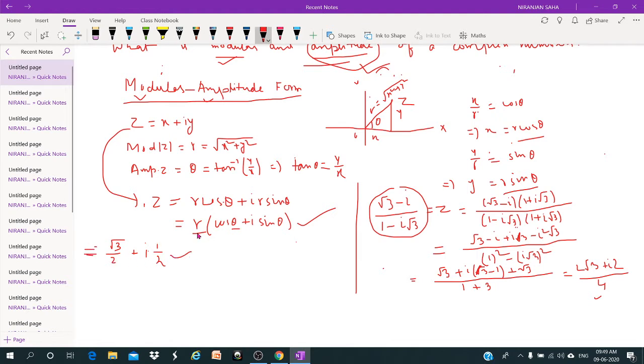Now we will transform it to modulus-amplitude form. How can we do this? We have to find the modulus and the amplitude of this complex number z.